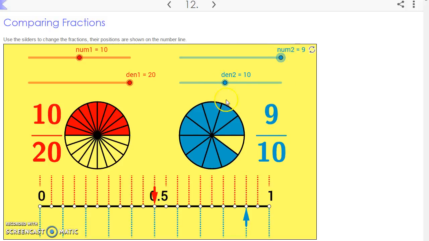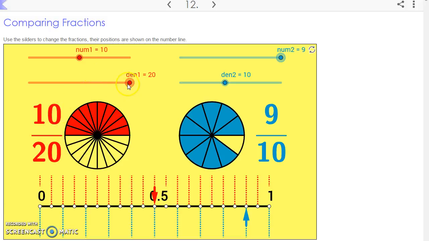Well, this doesn't go up to 1 whole, but you can tell just from 9/10 that 10/20 is less than 10/10, because 10/10 would be here, 1 more tenth than 9/10, while 10/20 is just half, because half of 20 is 10.